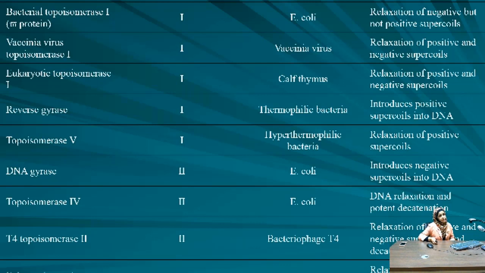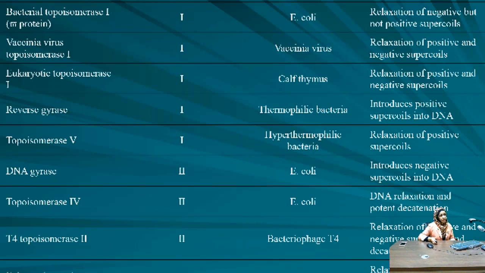Each of these enzymes plays a role in the replication fork. Bacterial topoisomerase I plays a role in the relaxation of negative but not positive supercoils, while vaccinia virus topoisomerase I relaxes both positive and negative supercoils.